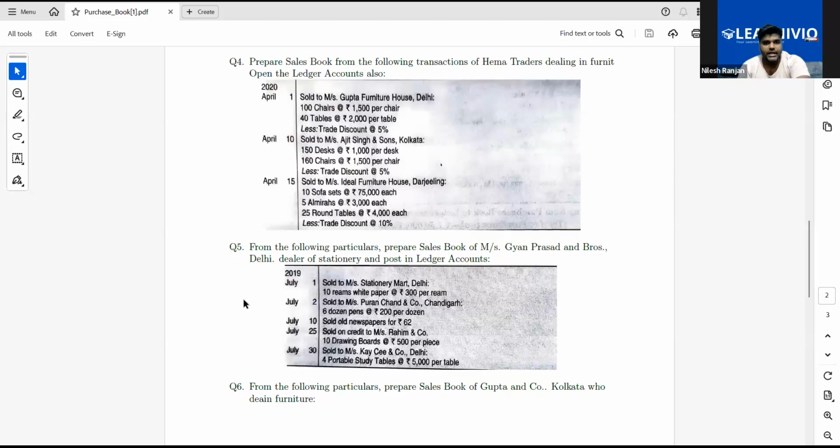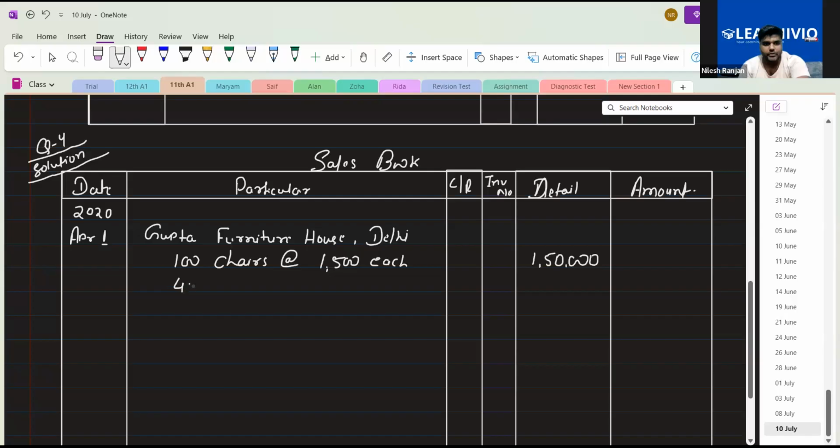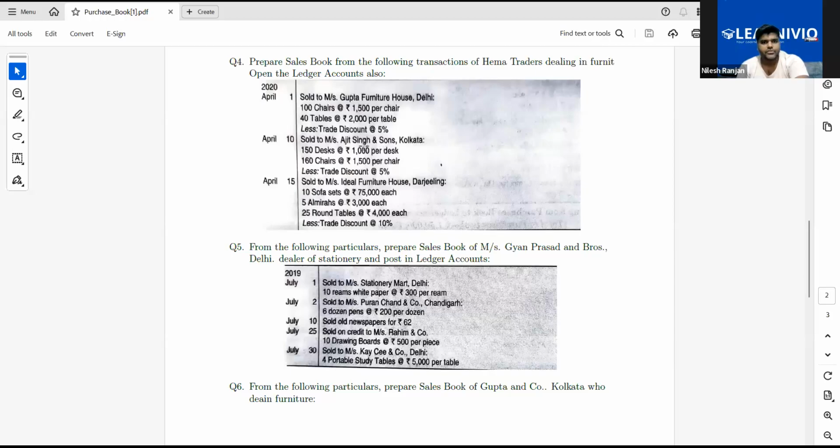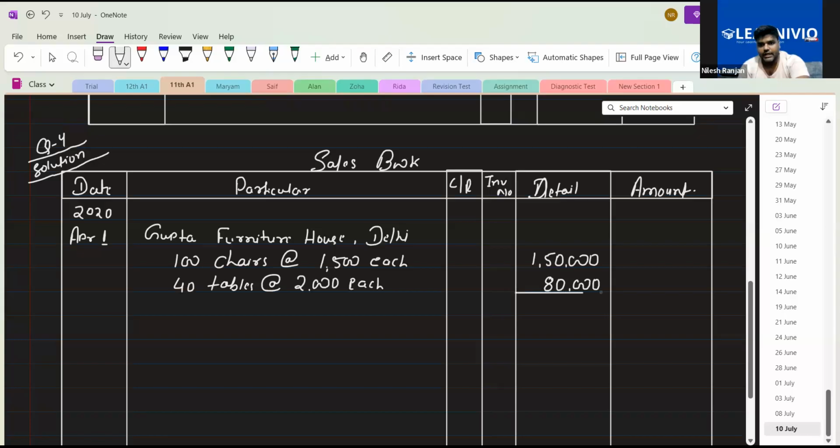Then 40 tables at the rate 2000 per table, 80,000, less trade discount at the rate 5%. So now we will add this.